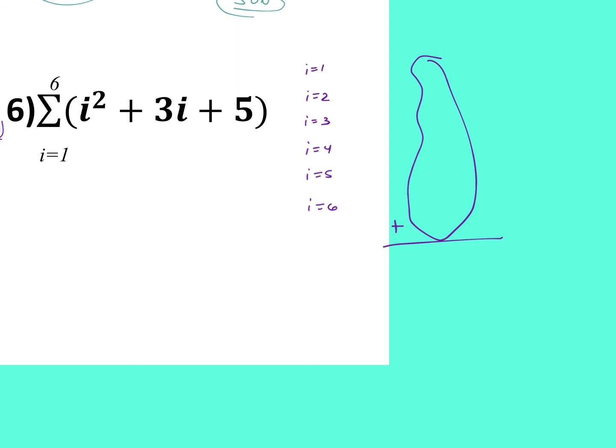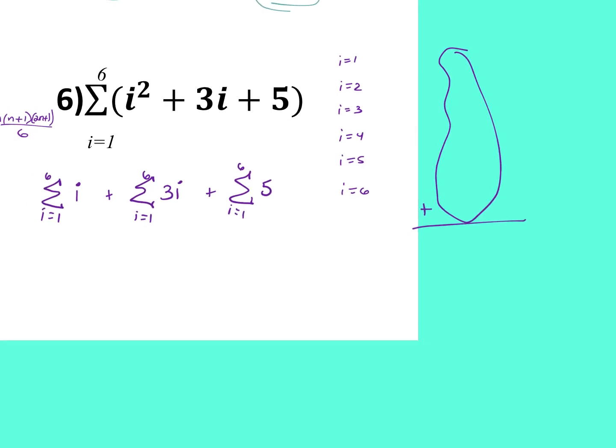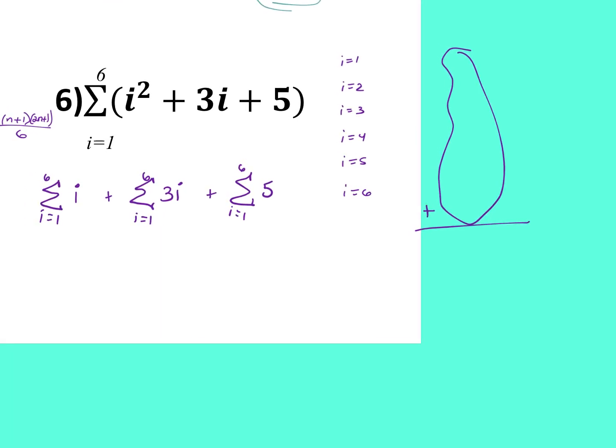That is one option. The other is, I have a summation here, but there's 3 parts, right? So I can break it apart: the sum from i equals 1 to 6 of i squared, plus the sum from i equals 1 to 6 of 3i, plus the sum from i equals 1 to 6 of 5.